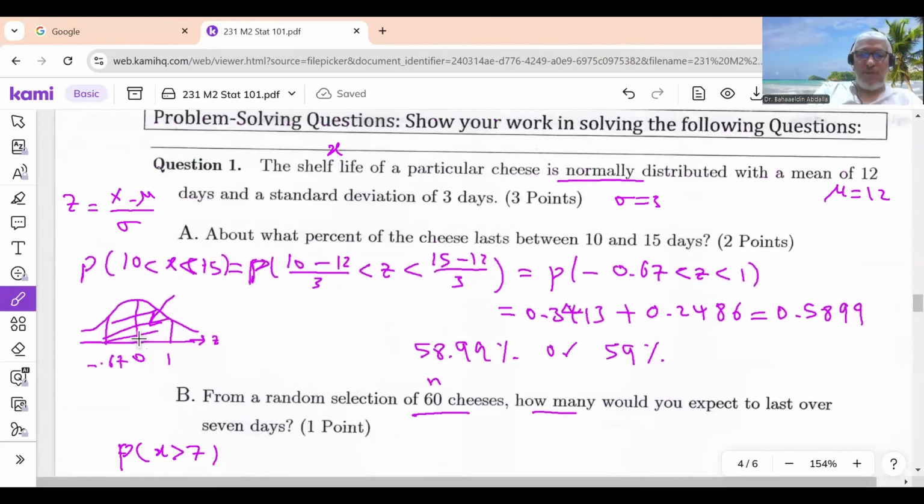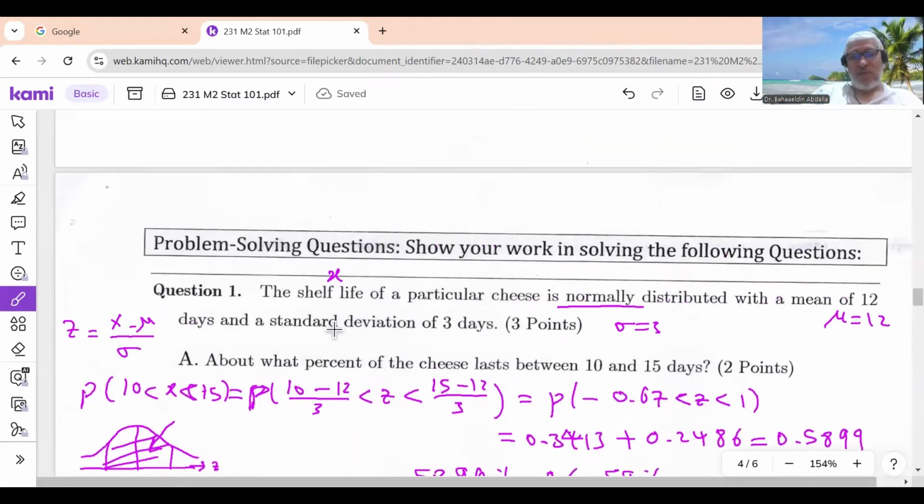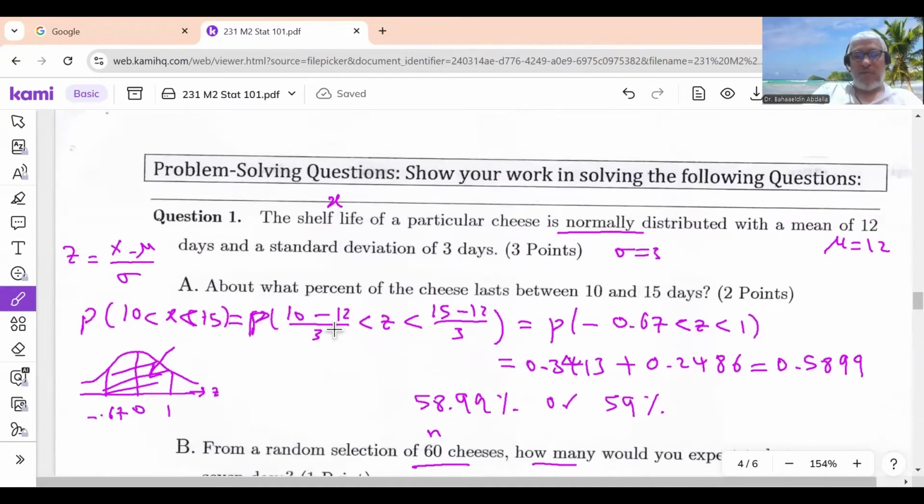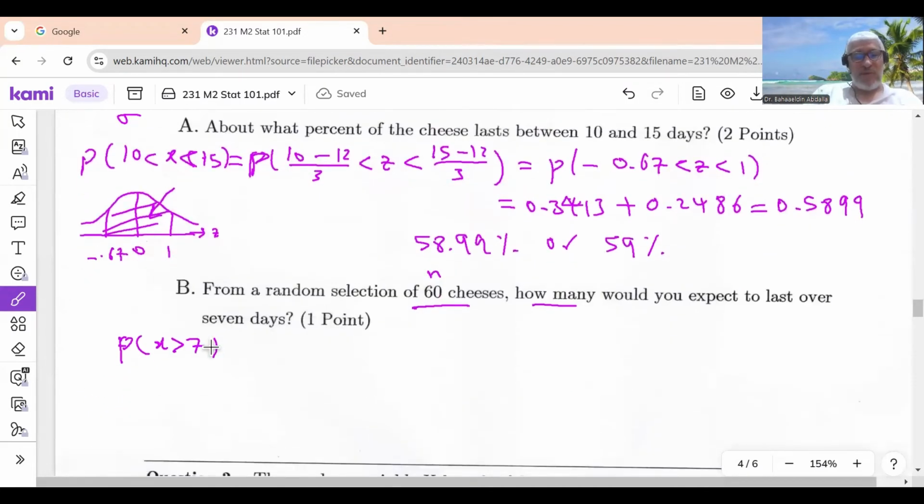Here it lasts between 10 and 15, here it lasts over 7. So the probability of X greater than 7. I change it to Z: 7 minus mu, which is 12, over 3. It would be the probability of Z greater than -5/3, and this is -1.666, so I choose -1.67.